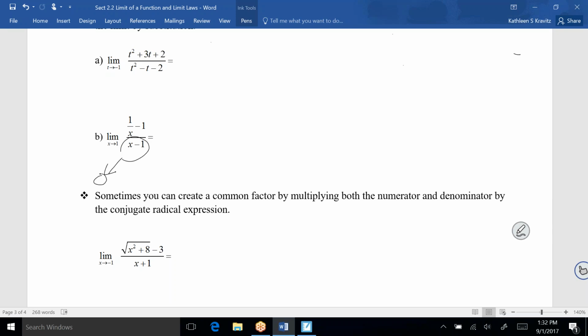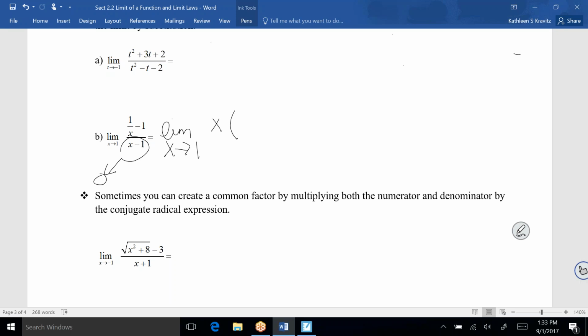I guess we could factor an x out of the numerator and denominator, or we could think about getting rid of that fraction by multiplying the top and the bottom by an x. So either way, you can think about it as factoring or simplifying that fraction in the numerator.